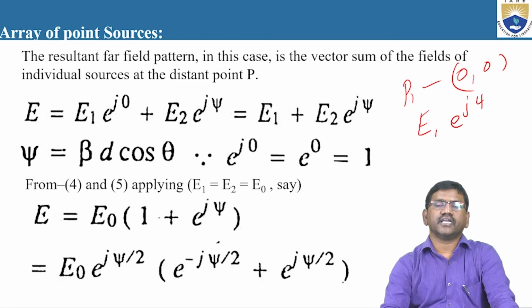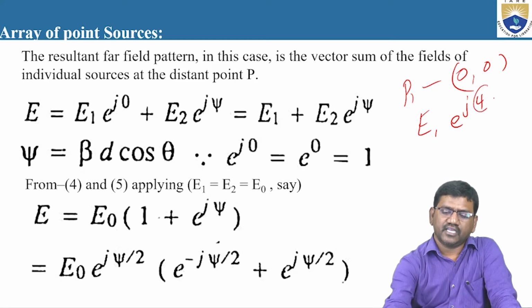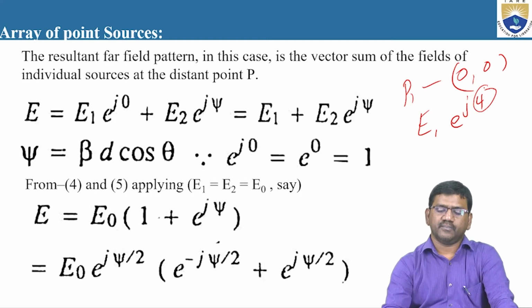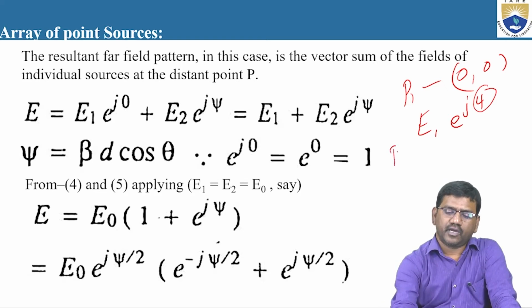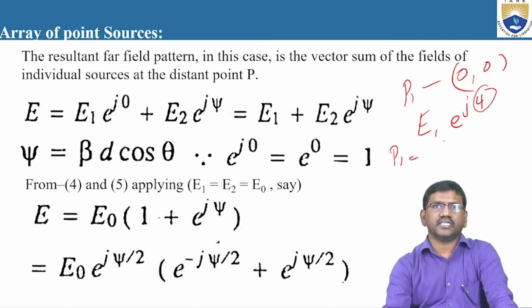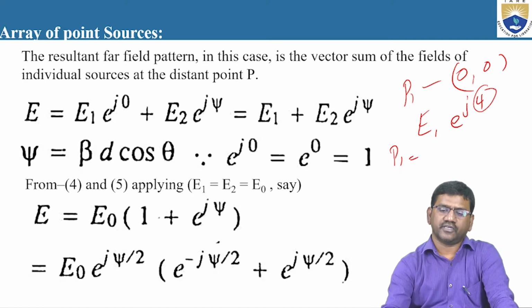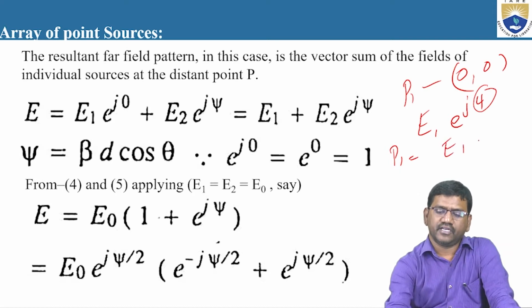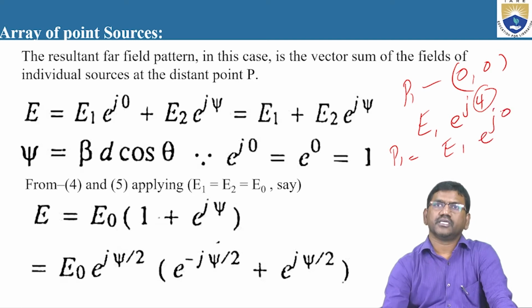As we have located point source 1 exactly at the origin, the phase angle becomes 0. Hence the electric field strength produced by point source 1 is given as E1 e power J0.